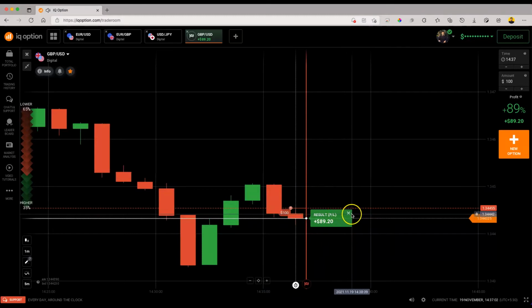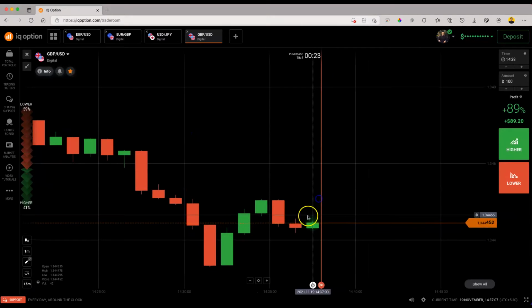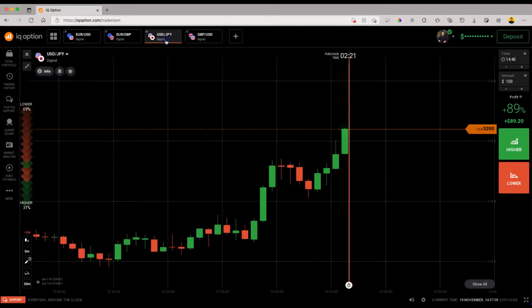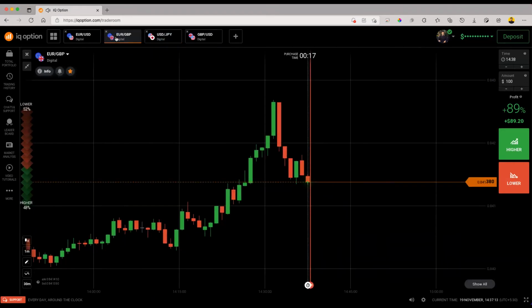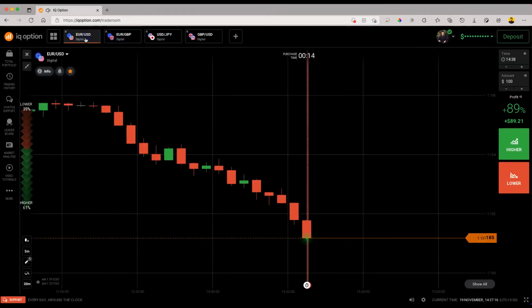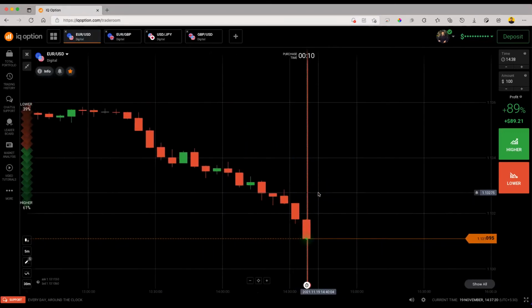So here we have got our winning position. Now let's wait for another signal. So USD JPY is moving good. CAD is having the strong selling pressure.